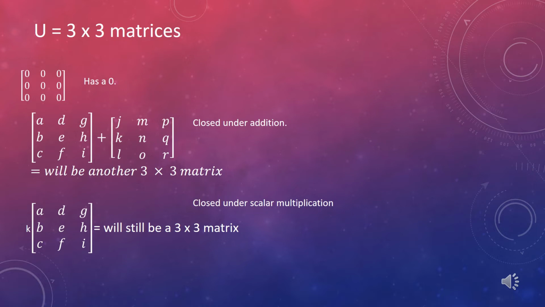It's closed under addition because if I add two 3x3 matrices, I get a 3x3 matrix. It's also closed under scalar multiplication. If I took a 3x3 matrix and I multiplied by any scalar, every item gets multiplied by that scalar, but it's still a 3x3 matrix. So it has a 0, it's closed under addition, and it's closed under scalar multiplication.